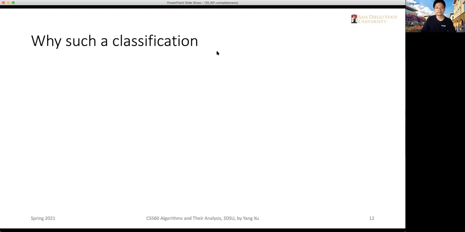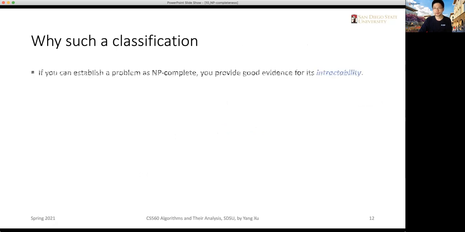All right. So it comes to the question of why we do such a classification. I think there are several reasons other than scientific exploration, other than the need to explore the unknown areas in human knowledge. It's from the perspective of practice.